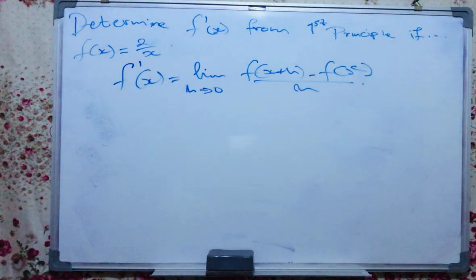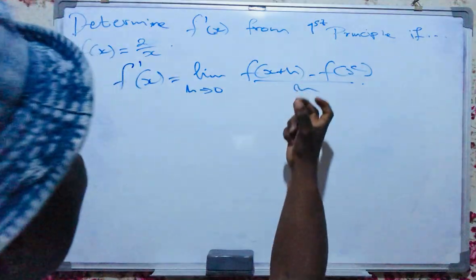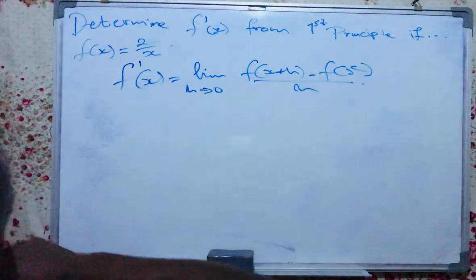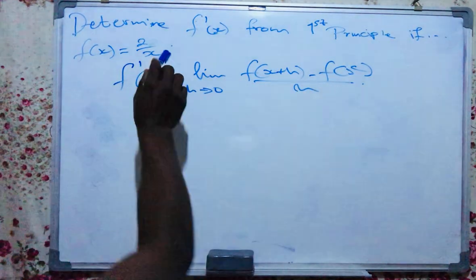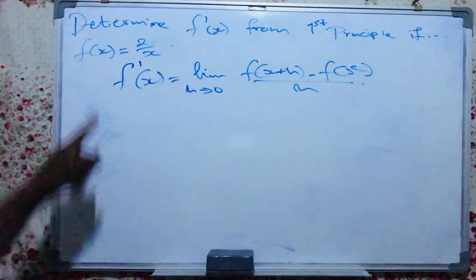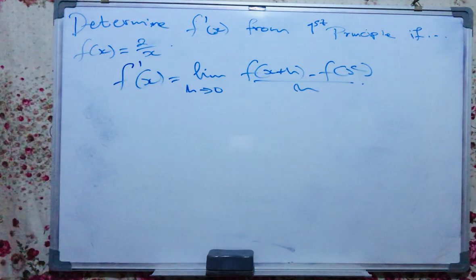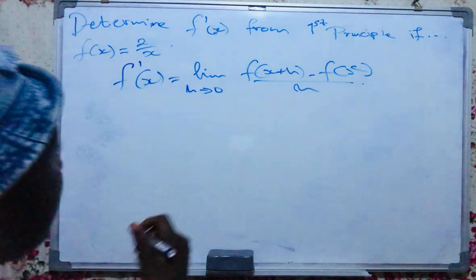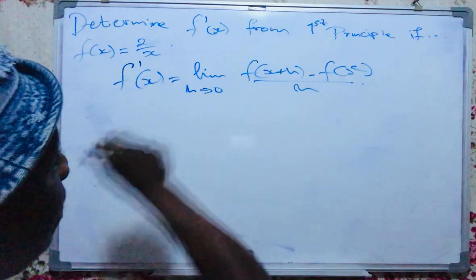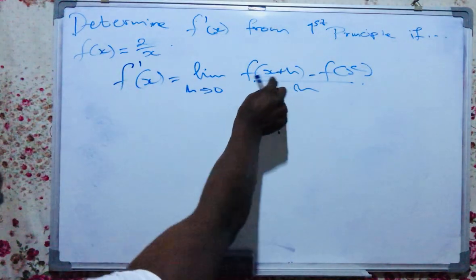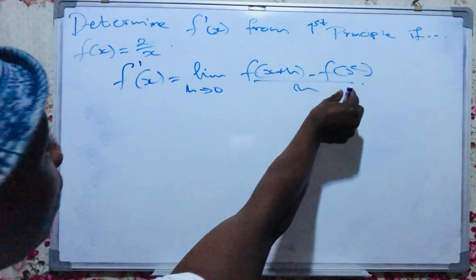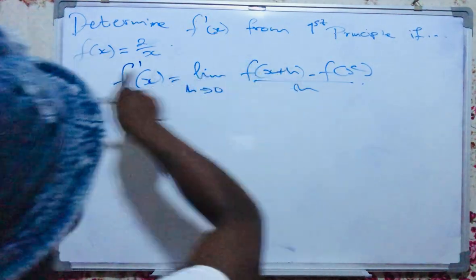This is nothing but just taking the rate of change of a particular function, which in this case is f of x. So what we need to identify is f of x plus h and f of x, where f of x is this function here.